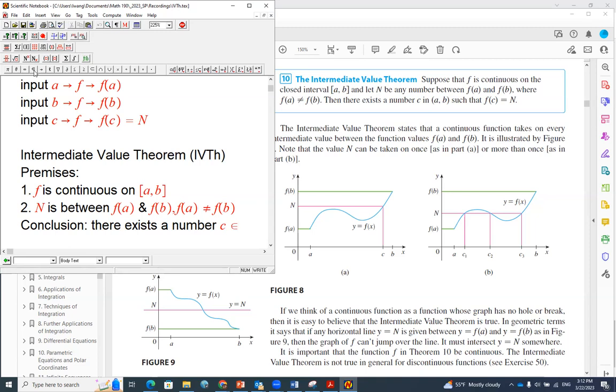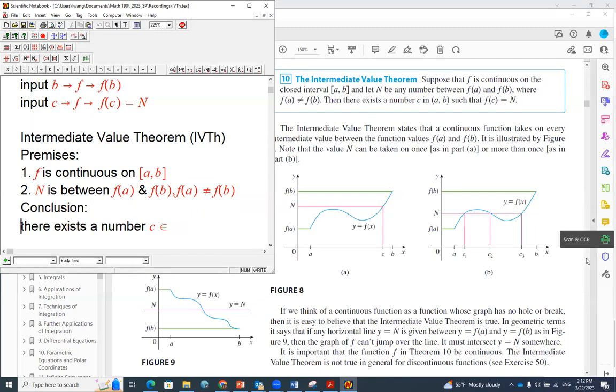There exists a number C inside the interval. You see this open interval now. The requirement is closed, and the C is inside.